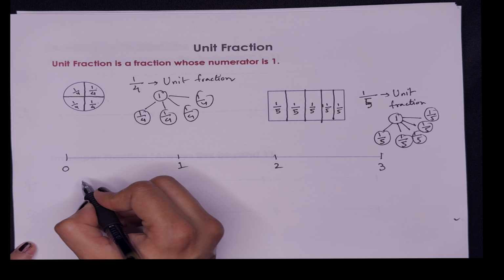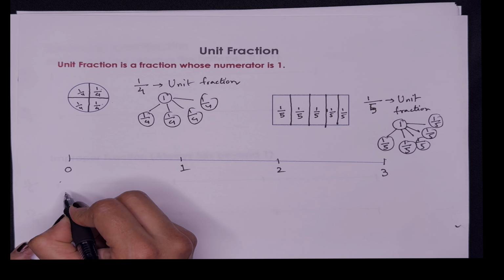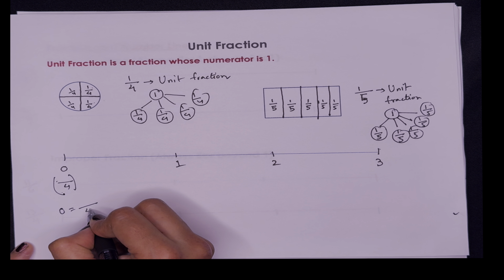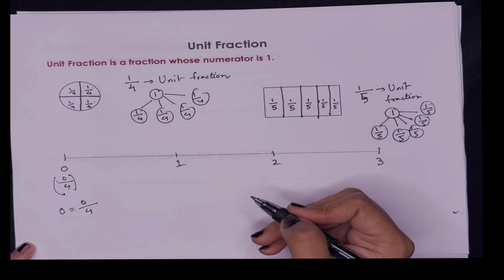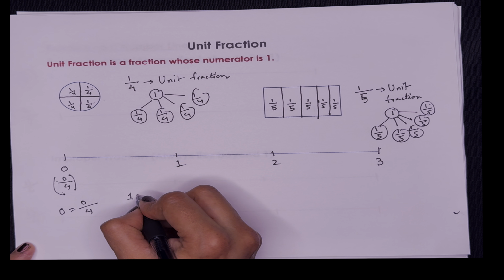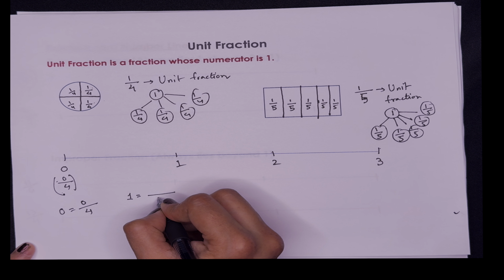Now, if the denominator is 4 and we're expressing the whole number 0 in terms of the partition, which is 4, the numerator will be 0 by 4. If the whole number is 1 and we are expressing the partition in terms of fourths, so 4 into 1, 4. That means four 1/4 make the whole.